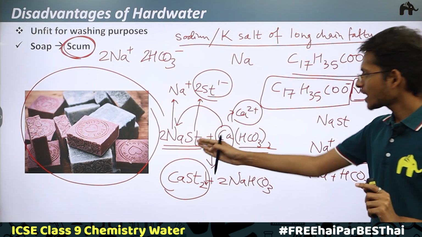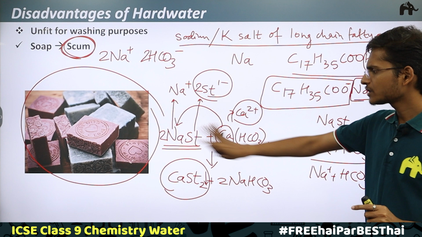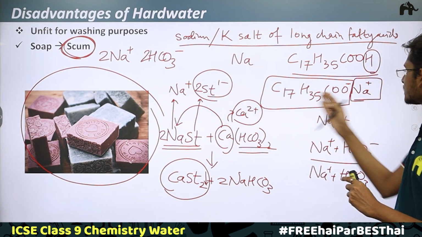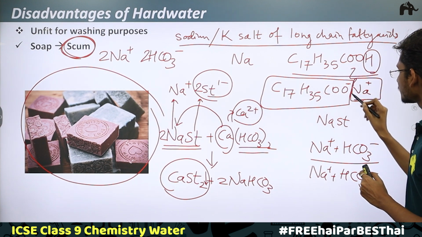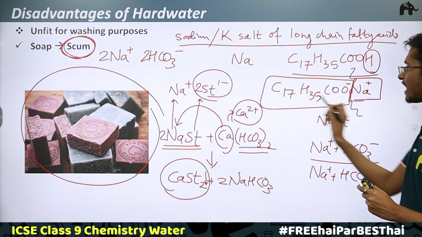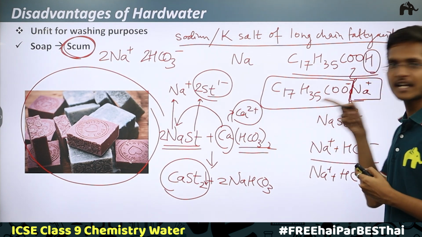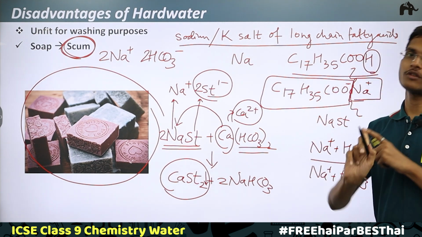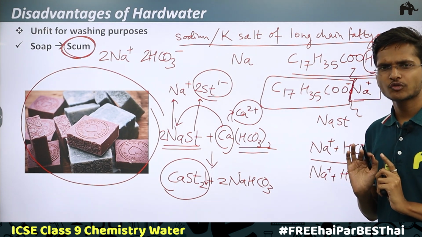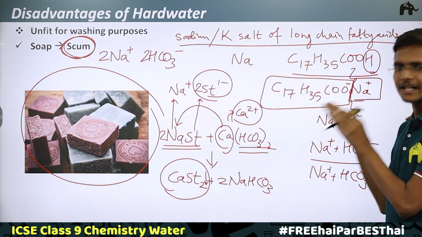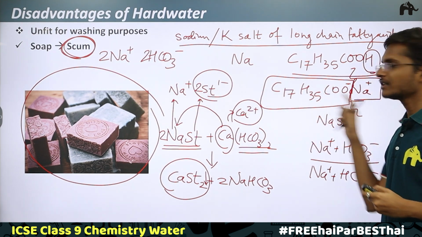Because when the salt comes in contact with the water, this sodium stearate compound just breaks down into sodium ions and stearate ions. And you would study in your higher classes, these stearate ions are actually responsible for the cleansing action of soap. No need to go into details here right now. You just need to focus on this thing. This we need in our water.